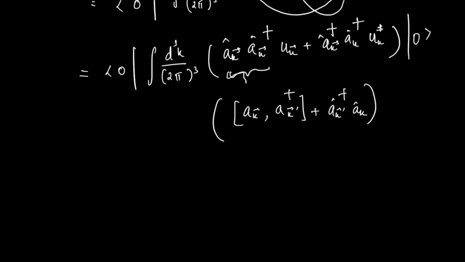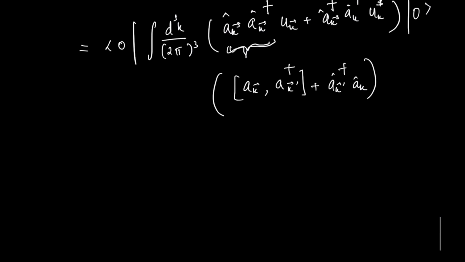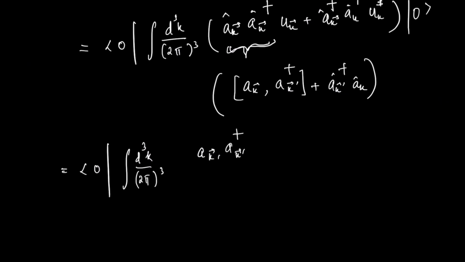So this can be replaced by the commutator, which is equal to 0 integral d cube k by 2 pi cube. Now I write ak prime dagger commutator plus ak prime dagger ak.